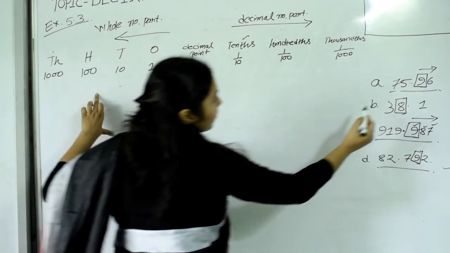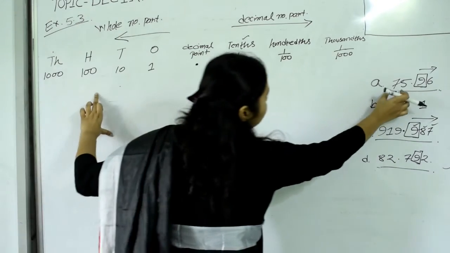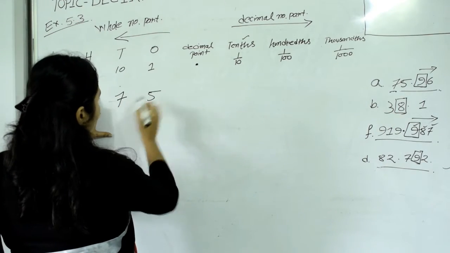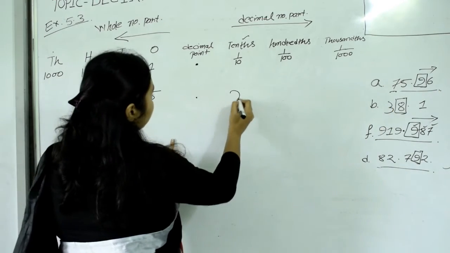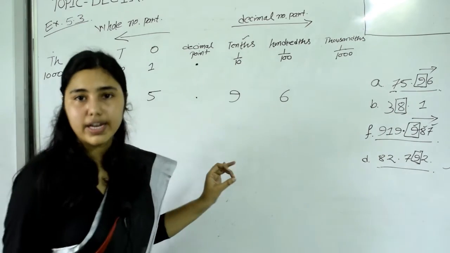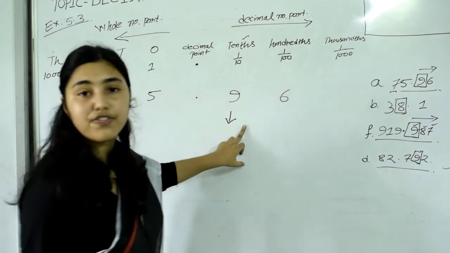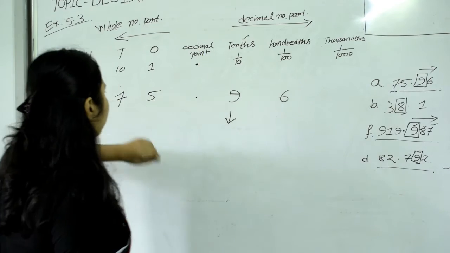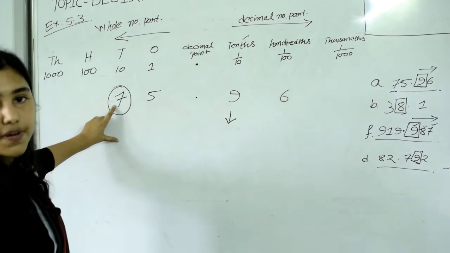Now first place these numbers into this place value chart. Okay, 75, which means 7 tens and 5 ones. 0.96, which means 9 tenths and 6 hundredths. So from here we can find the place value of 9. First tell me, you already know the place value of 7.